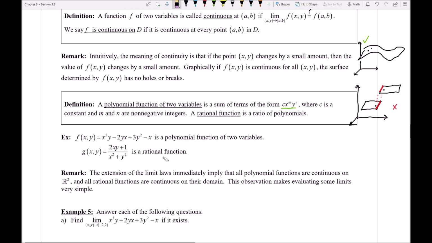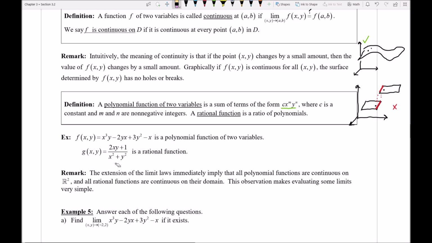What's really nice about these sorts of functions is that the extension of limit laws immediately implies that those limit laws we had up above work all the time, and these polynomial functions are continuous on all of R2. That is, on the entire xy plane, polynomial functions are always defined. And rational functions are going to be continuous as long as their denominator isn't 0.